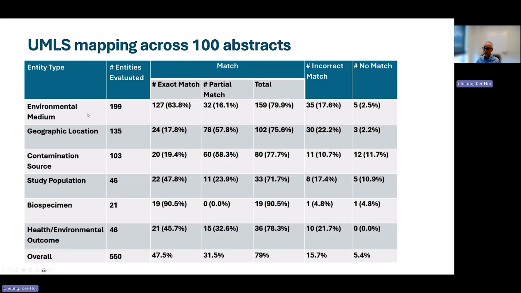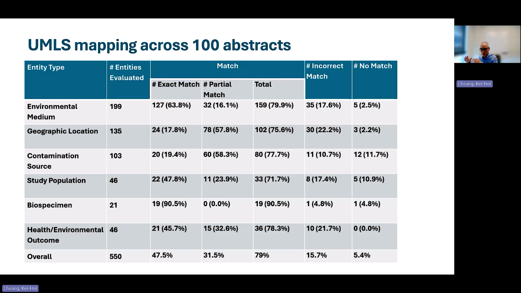You can see some categories have a higher percent of match. For example, for environmental medium, out of 199 terms from this sample collection of abstracts, 127 of them have an exact match. 32 of them have a partial match. What partial match means, for example, is you have a more specific term, but it can only be mapped to a more general concept.